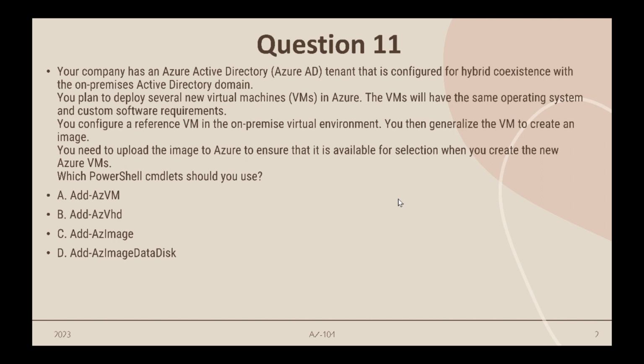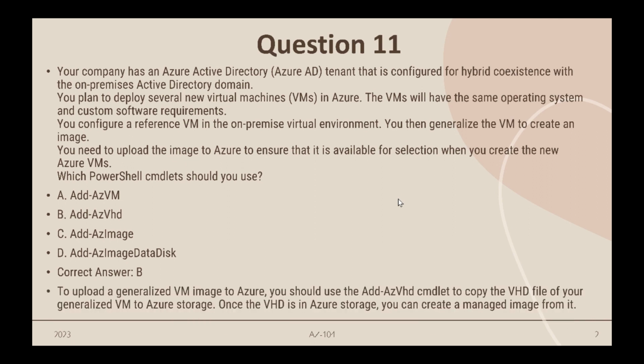Now let's look into the correct answer, and the correct answer is B, Add-AzVhd. The explanation is: to upload a generalized VHD image to Azure, you should use the Add-AzVhd cmdlet to copy the VHD file of your generalized VM to Azure storage. Once the VHD is in Azure storage, you can create a managed image from it.